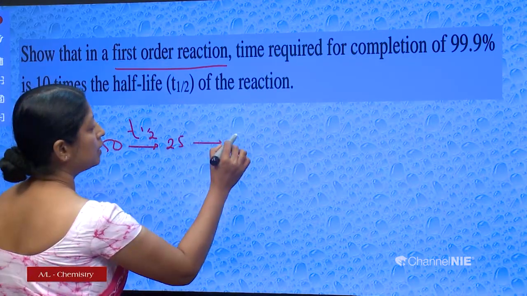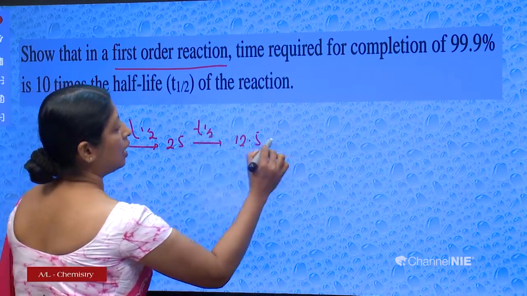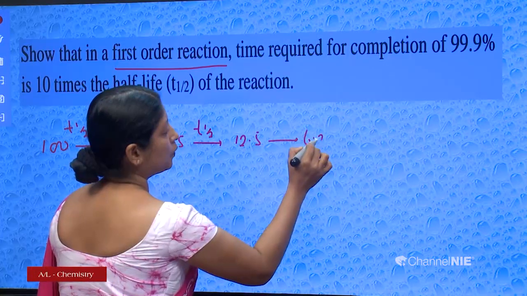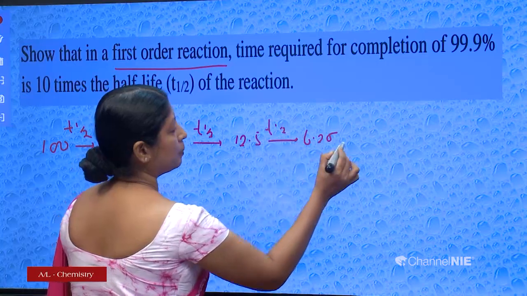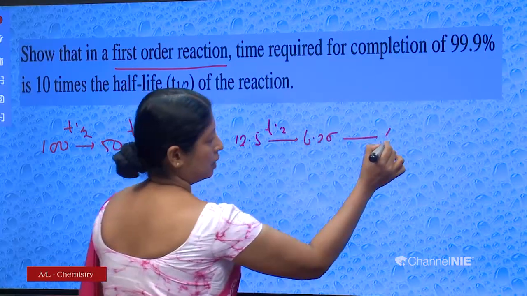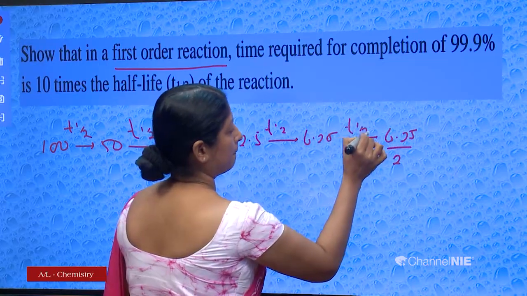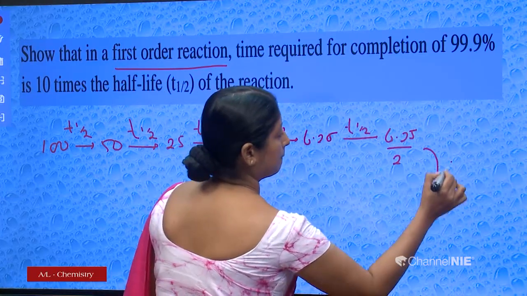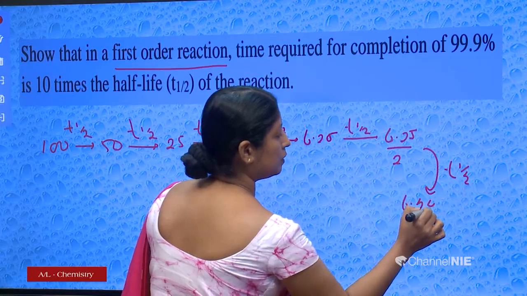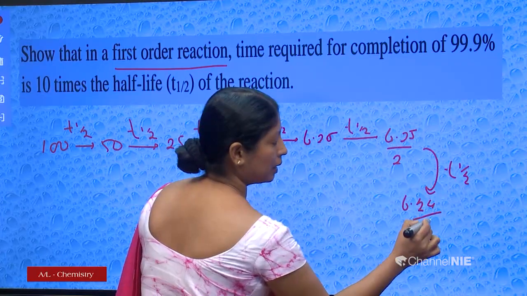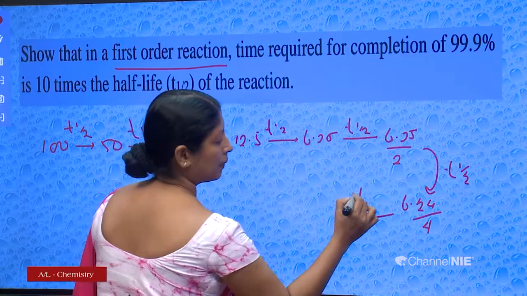Half of this means 12.5. We have to spend another half life. Half of this means 6.25. We have to spend another half life. Like that the process has to be continued. This has to be divided by 2, that means altogether by 4.